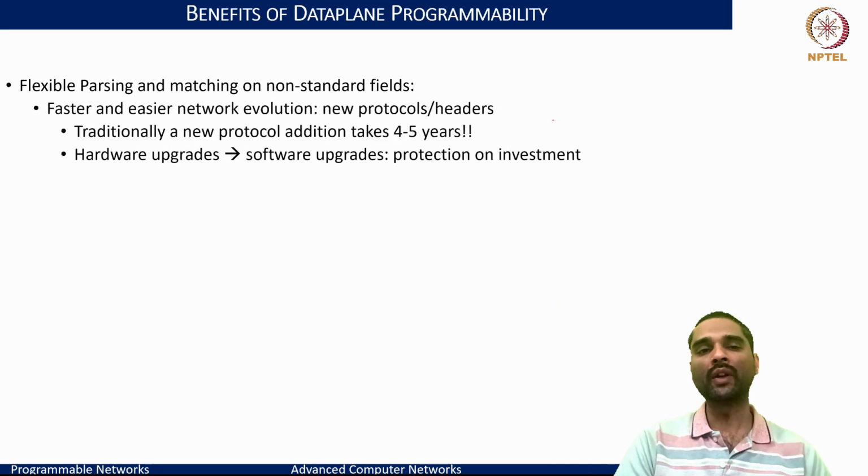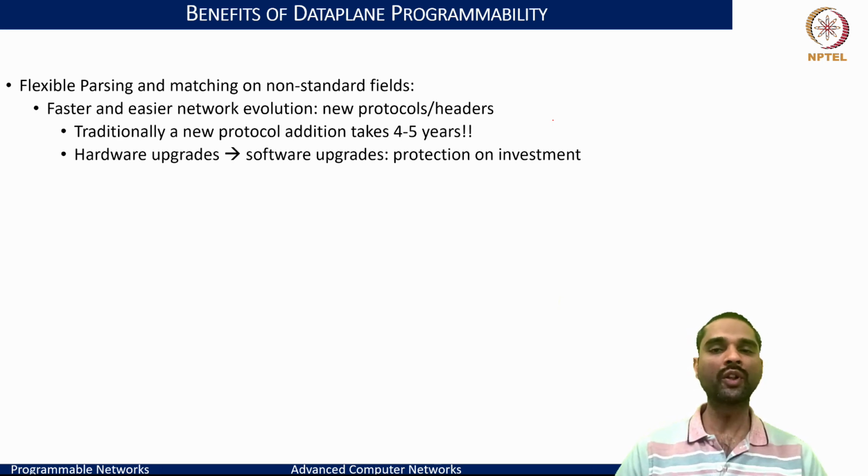And this would also make for faster and easier network evolution, because now we have the ability to test out the newer protocols on the hardware in a much quicker fashion, because now we can write parsers in minutes and then run them on devices much more quickly.